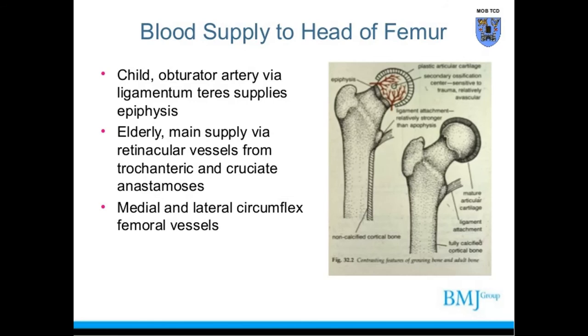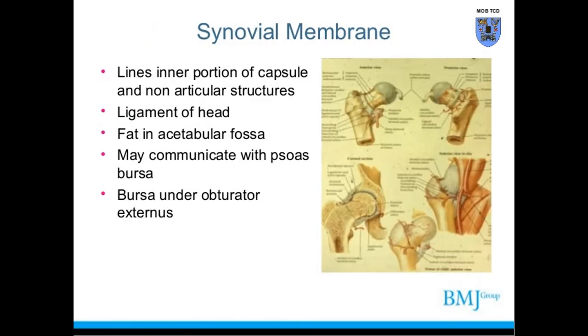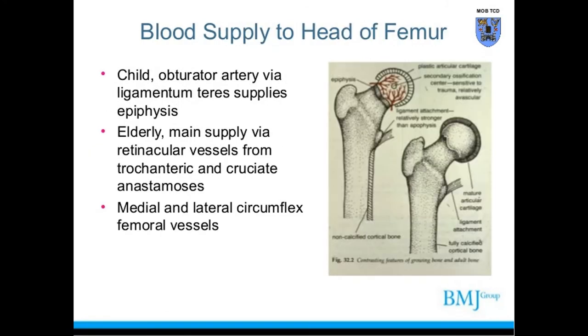So next is the blood supply of the hip joint. Very, very important, the blood supply of the hip joint. One of the blood supplies in childhood is the obturator artery, from the internal iliac artery, via the ligamentum teres.